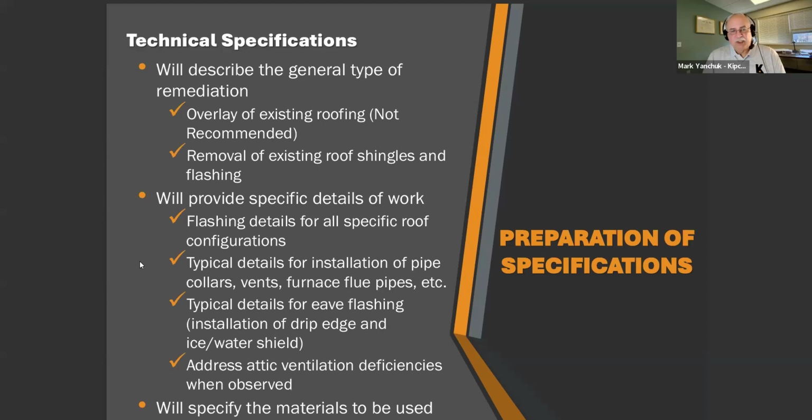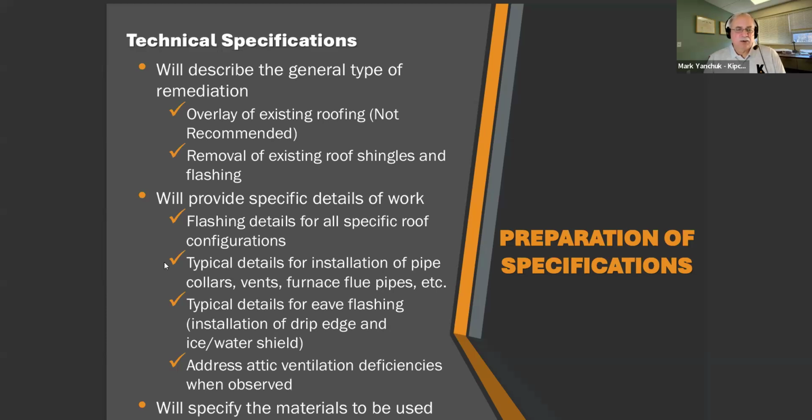Maybe you have old plywood soffits with the small little vents installed in them, and during this process it'll be recommended to replace that with vinyl or aluminum soffits that are perforated in order to increase the airflow. So it's not surprising that in a lot of roofing projects you end up replacing soffits at your eaves.